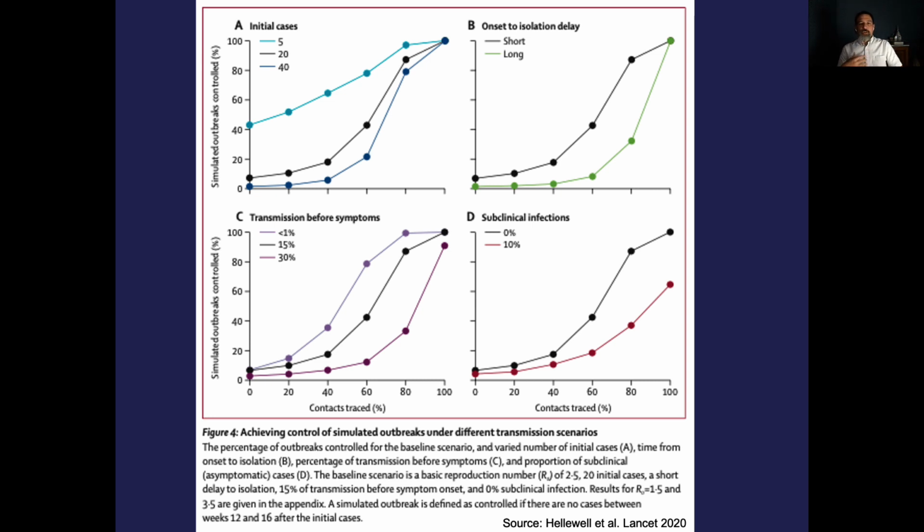So this is a very useful mathematical model to give you a sense of how much tracing of contacts needs to actually happen and how quickly they need to be traced after they have disease onset before you can expect your contact tracing program to begin to be able to control your local outbreaks.